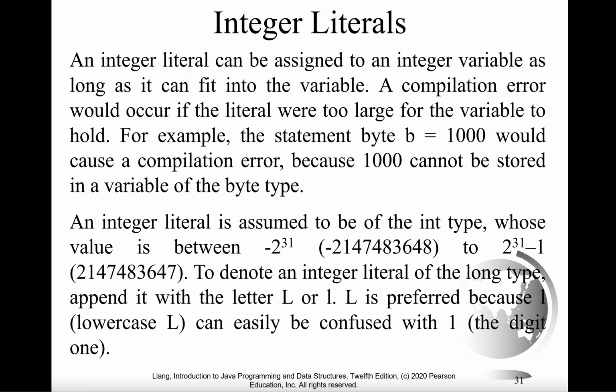Integer literals. An integer literal can be assigned to an integer variable as long as it can fit into the variable. If it doesn't fit, a compile error will be raised.